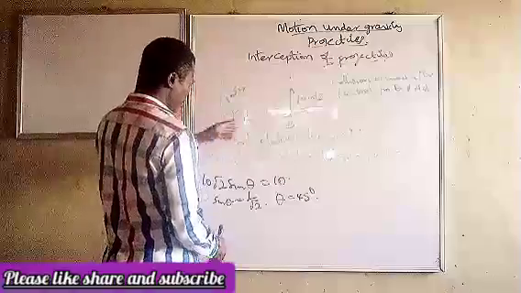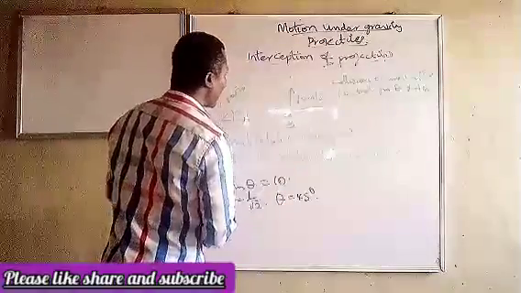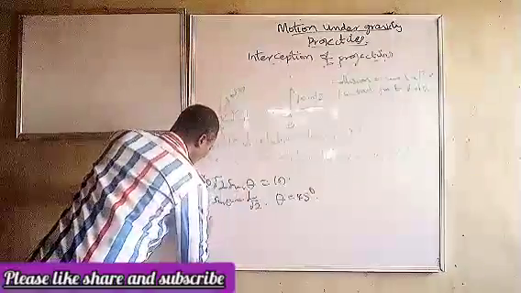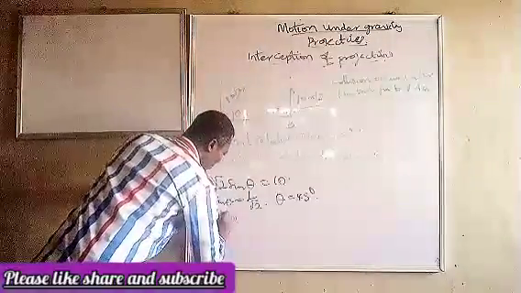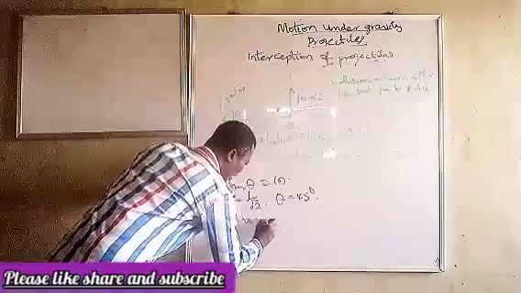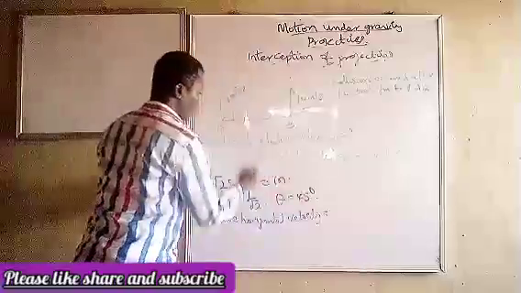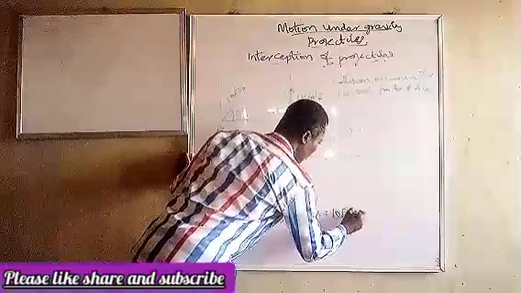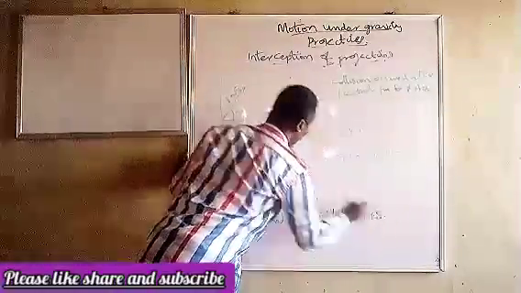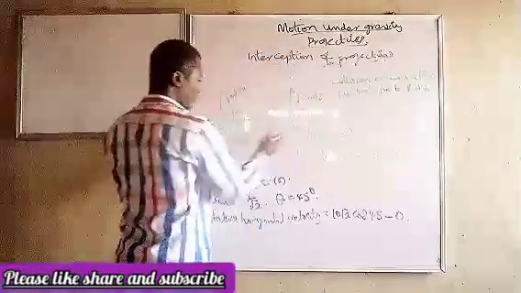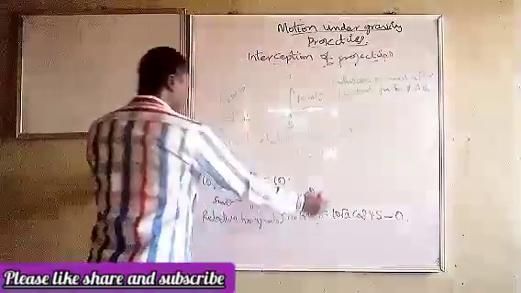The next thing that we are told is the collision occurred after 1 second. The relative horizontal velocity is equal to 10 root 2 cos 45 minus 0. You can see, so that is our relative velocity.